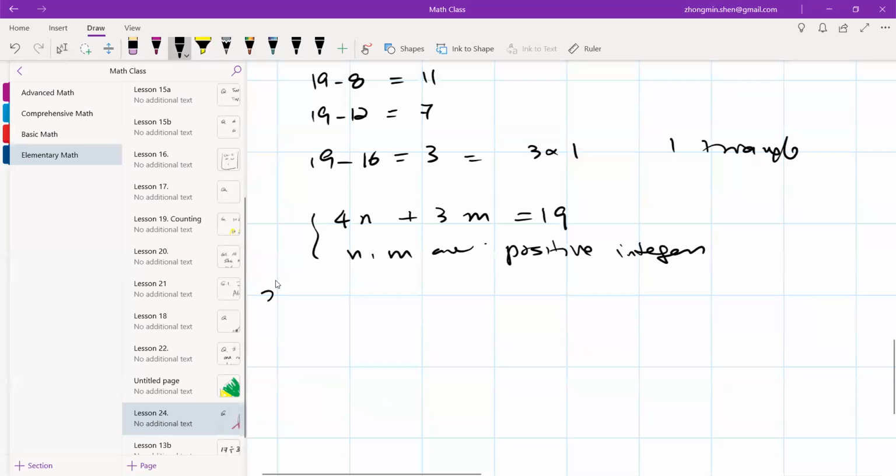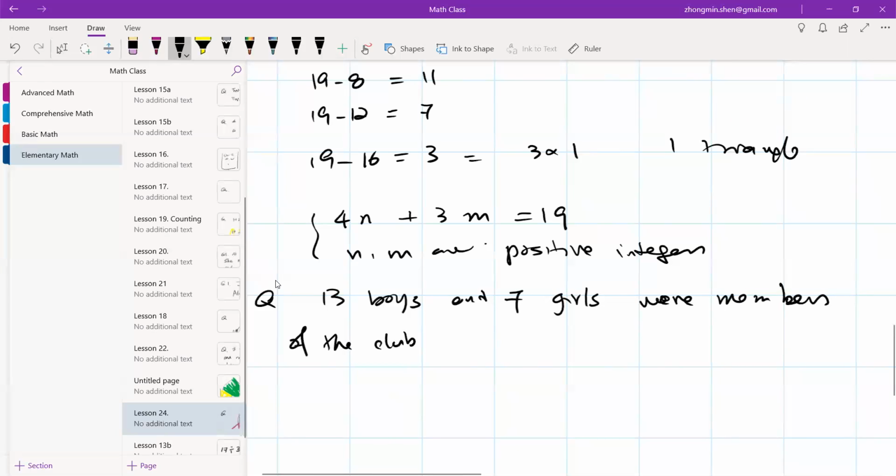Okay, I want a similar problem maybe in the following. There are 13 boys and 7 girls who were members of the club. Okay, I don't know what that club is.